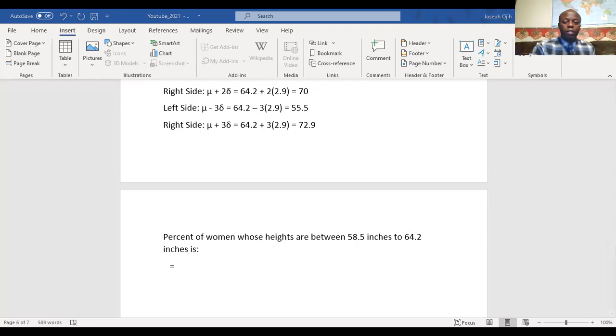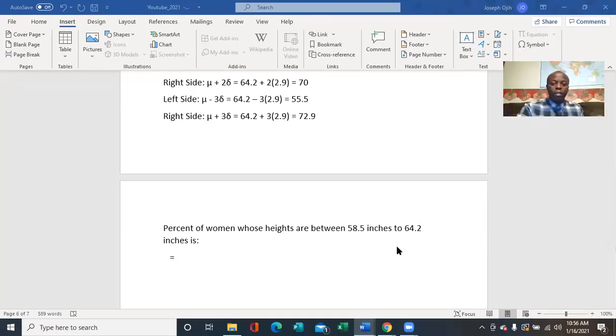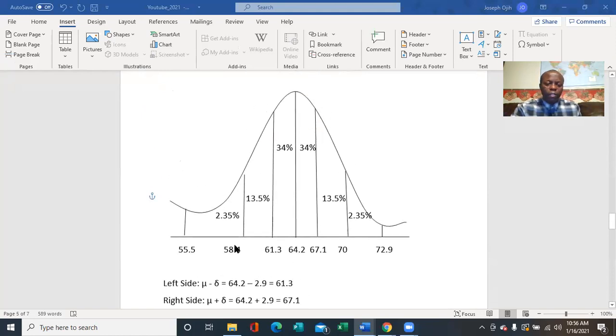You can see from here that this is 58.4 inches. It's between 58.4 and 64.2. You can see the line right here. Move it closer so you can see what I mean. So this is the line for 58.4, and this is the line for 64.2.